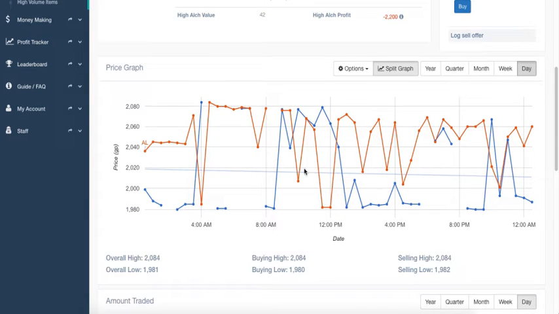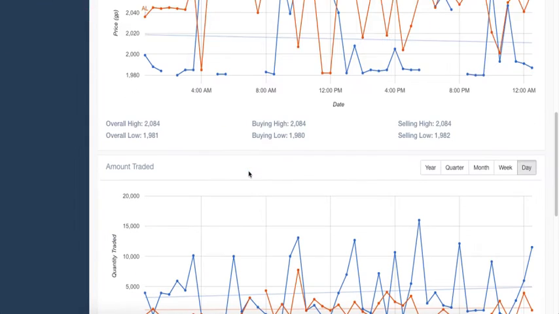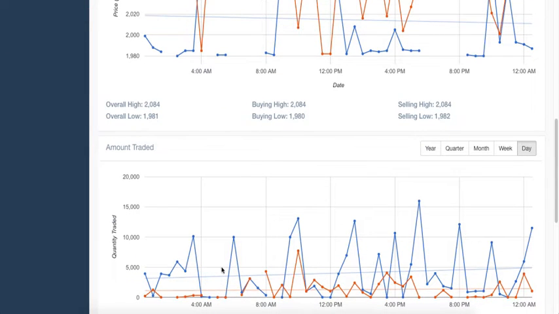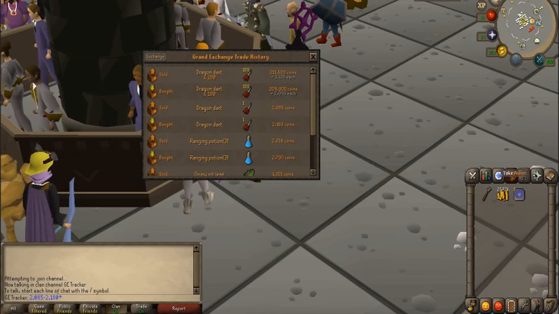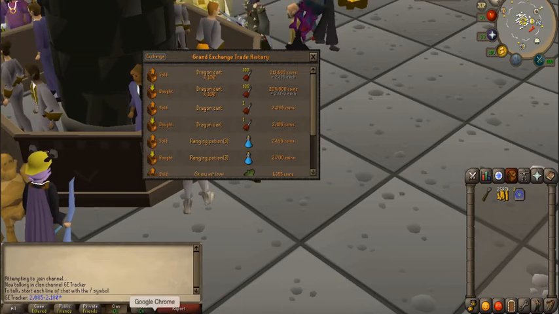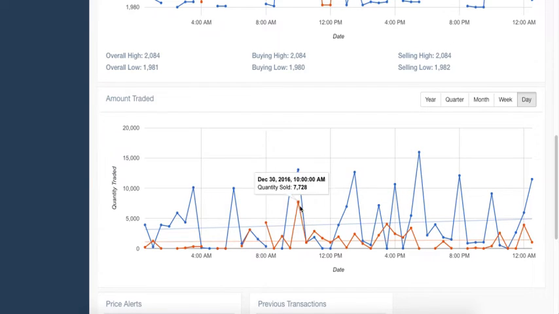There's missing data points at certain points in time. So there's a period of time where there were no buyers here. And if we look down here, there's a period of time that there were no buyers. And it looks like there were some spikes in buyers, and there's people who had sell offers. So maybe this was a group of people who have tried to invest in this item, and they're trying to get it off their hands, and it's just taking them quite a long time to do so.